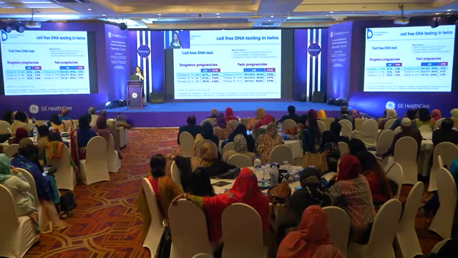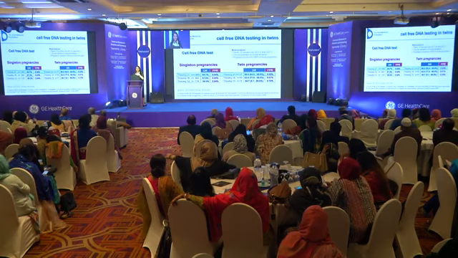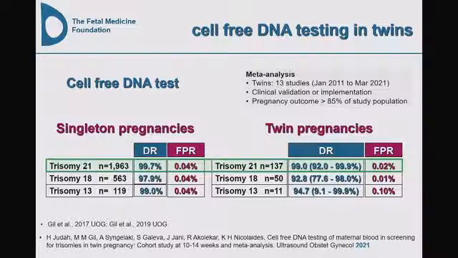What you can see in the table is that for 137 cases of trisomy 21, the detection rate with cell-free DNA is 99%, so pretty much a very accurate test for screening for chromosomal abnormalities. What about trisomy 13 and 18? You can see that for trisomy 18 we have only 50 cases, and for trisomy 13 we have only 11 cases.